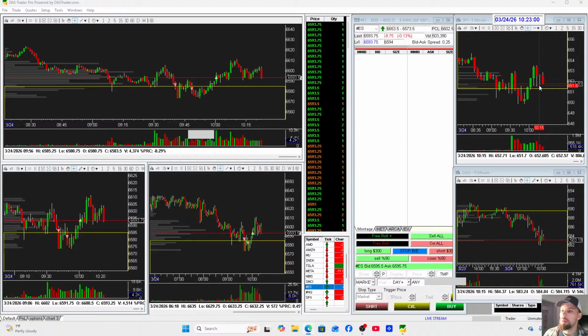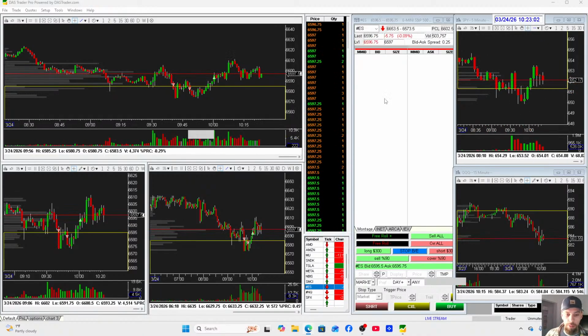Qs, SPY, pulling back again. It's testing that low, 651.